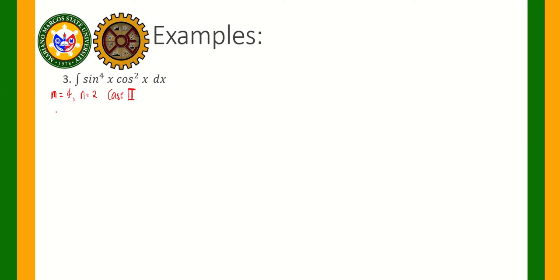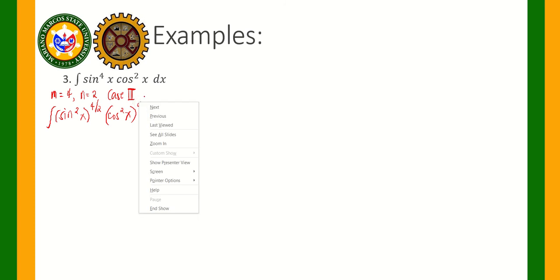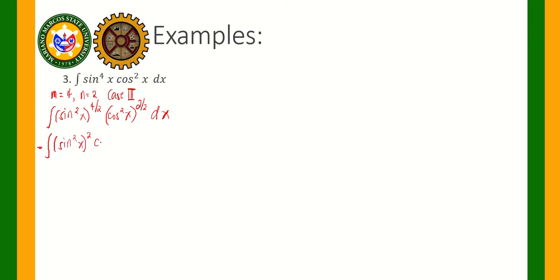And in case number 3, we write our integrand as sine squared x raised to 4, which is m over 2, tapos cosine squared x raised to n over 2, so 2 over 2, and then dx. So, this will cancel. This will only become 1. Tapos, ito magiging squared. So, this will be equal to sine squared x quantity squared, tapos cosine squared x dx.